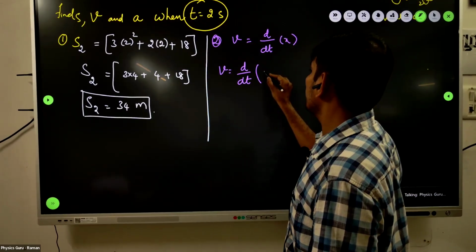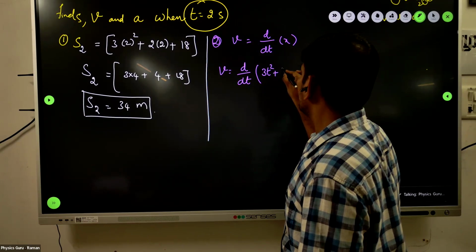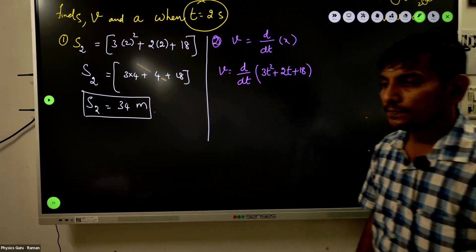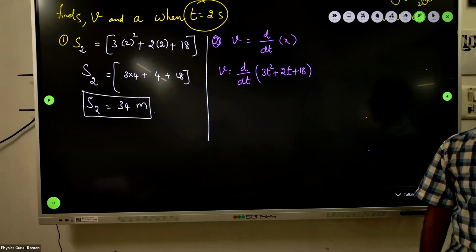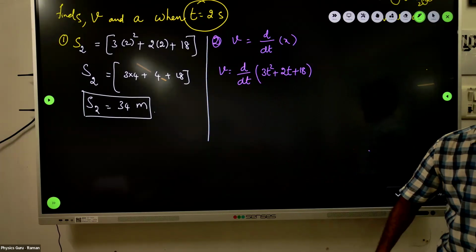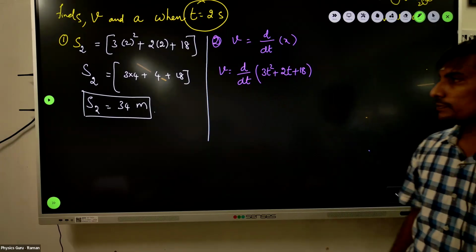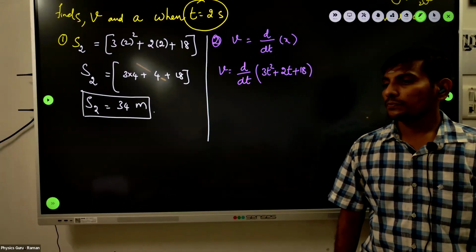What's the value of x here? 3t squared plus 2t plus 18. அது displacement. இப்போ நம்ம calculate பண்றது velocity. Okay? Noted?